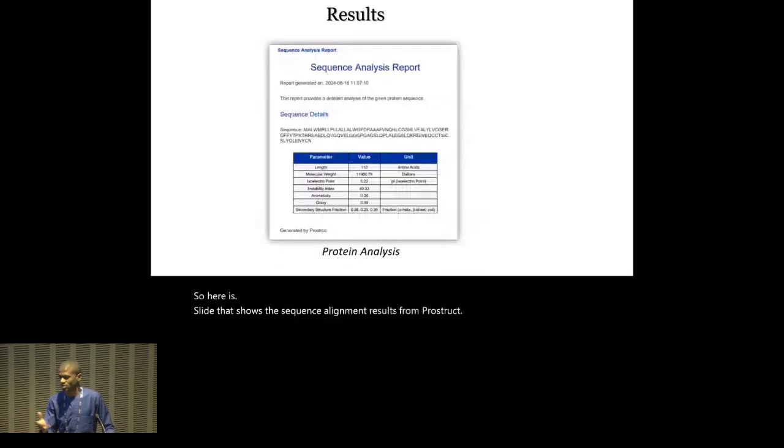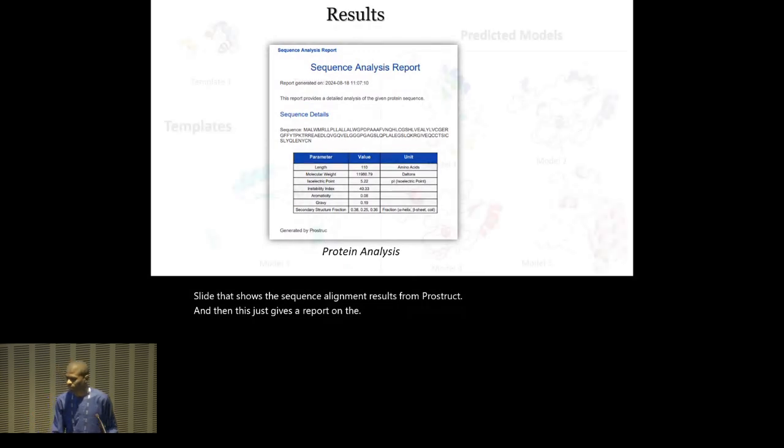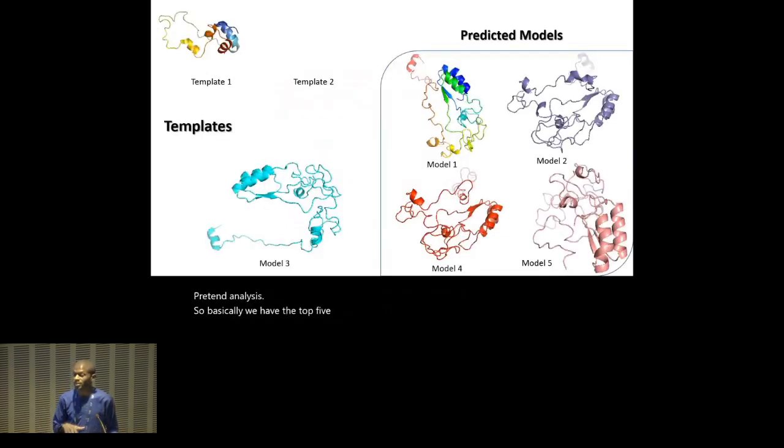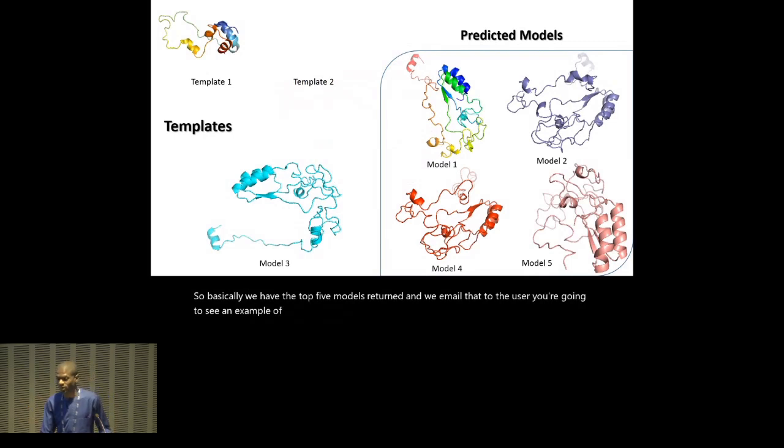And then this just gives a report on the protein analysis. So basically, we have the top 5 models returned, and we email that to the user. Now, you're going to see an example of how we capture your email and things like that shortly.